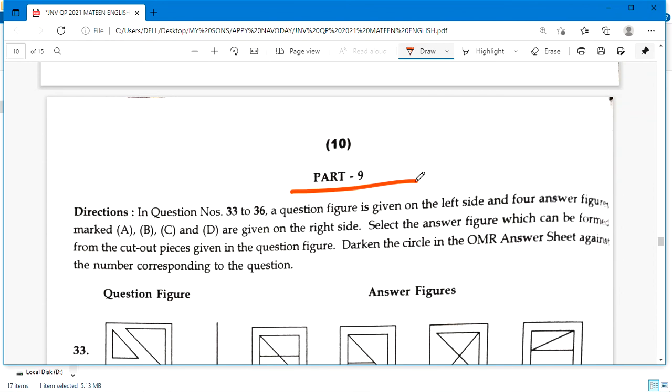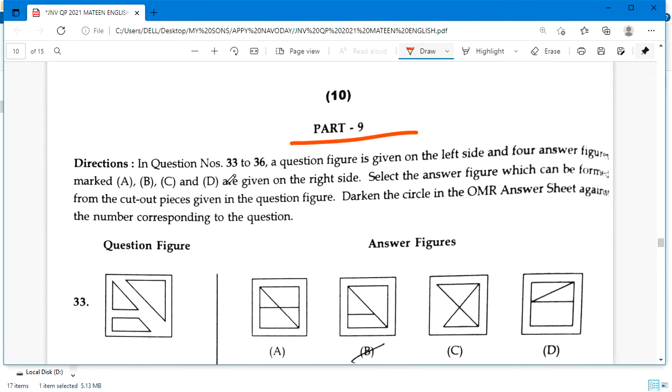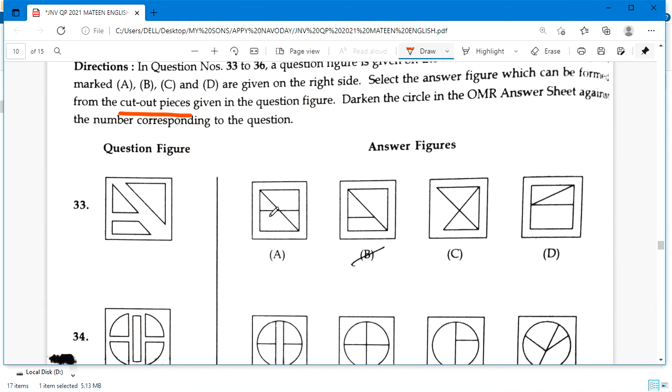Now we will go through part 9 in mental ability, which includes question numbers 33 to 36. The question figure is given on the left side and 4 answer figures are marked on the right side. Select the answer figure which can be formed from the cut out pieces. It's very important in the question figure. So here is a question figure.